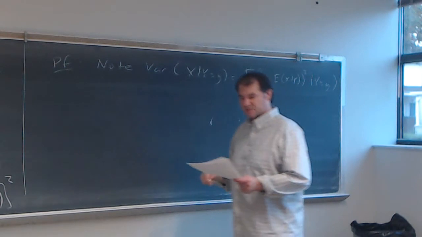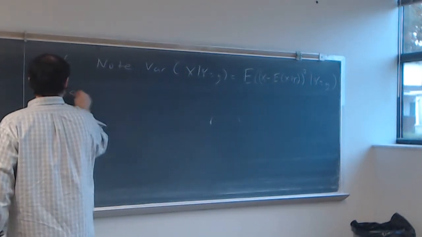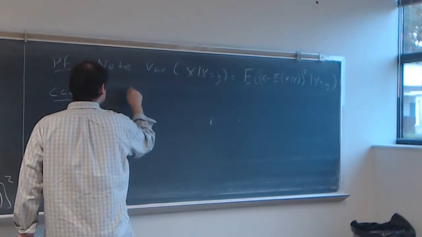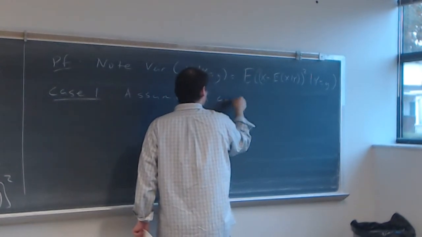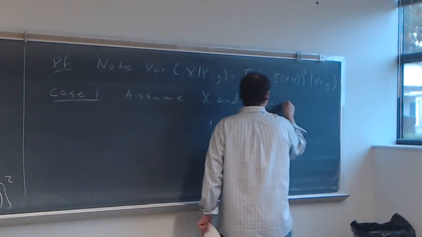For case 1, we're going to assume x and y are discrete random variables.